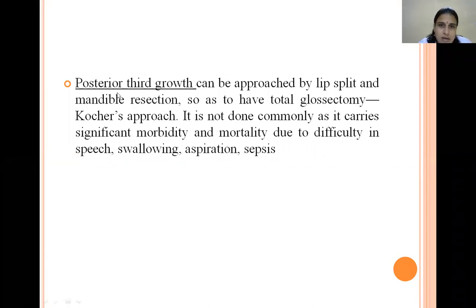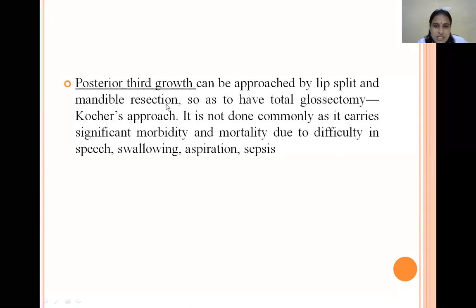Next, what was discussed so far was about the anterior 2/3 involvement of the tongue in carcinomas. When the posterior third is involved, then here also we go for excision or glossectomy by a lip split incision and mandible dissection. Invariably, the posterior third lesions will involve the mandible also, so mandible dissection has to be done.